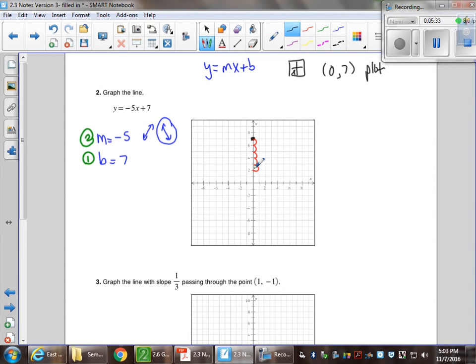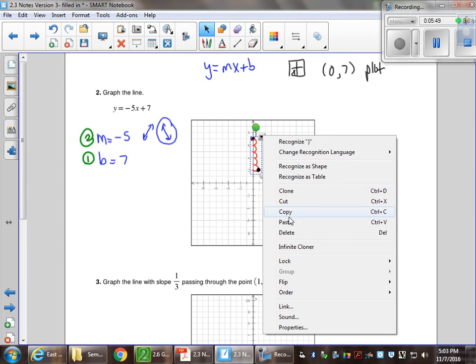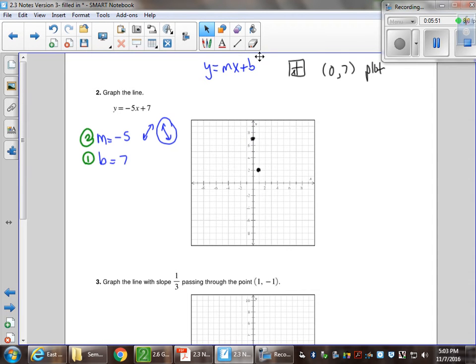Now, my horizontal change is over 1. Now, am I going to go right or left? Well, mental picture, decreasing, I'm going to go left. I'm just going to get rid of those red guide marks just for clarity. So I went down 5 to the right 1, and there's my line.